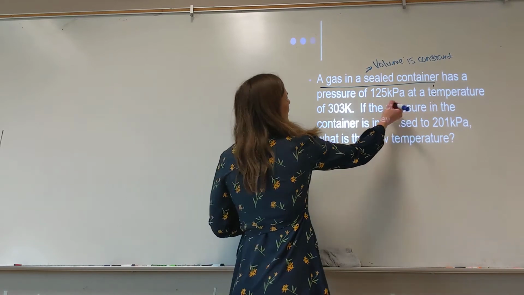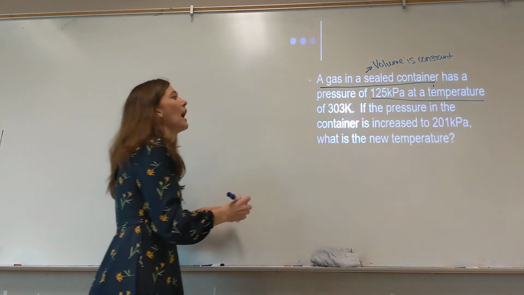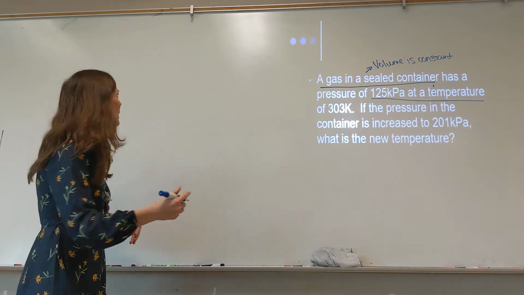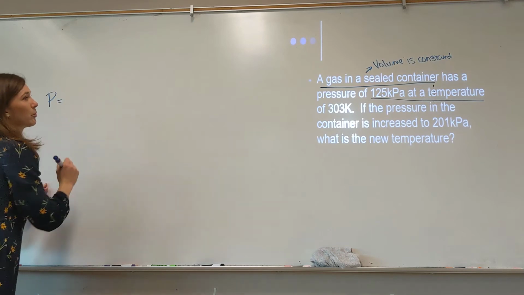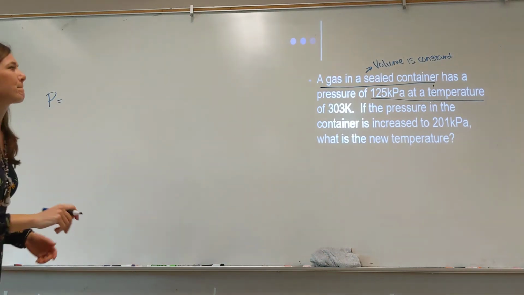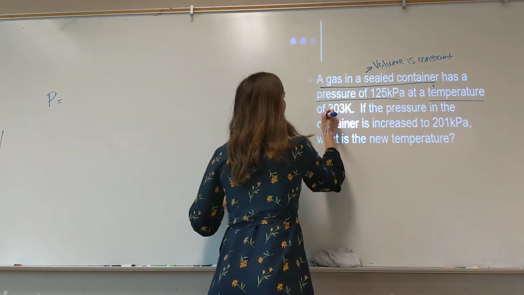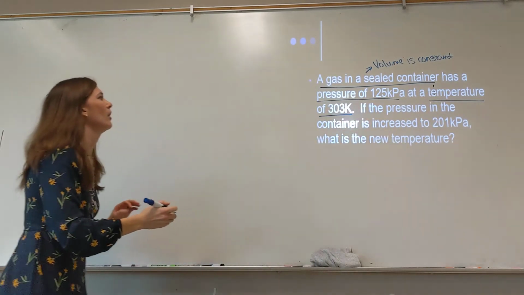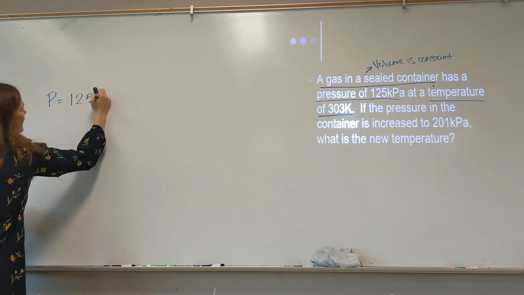All right. So I'm going to go through and underline the things that we are given, and just like we've done with our previous problems, I'm going to write down what I'm given. So I'm first given a pressure and a temperature. The first pressure I'm given is 125 kPa.